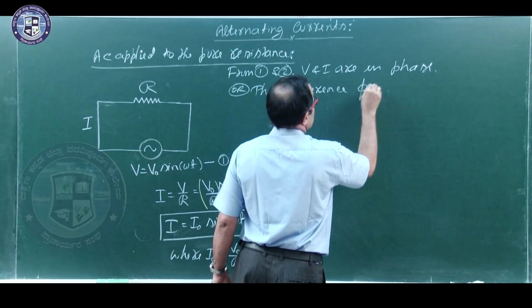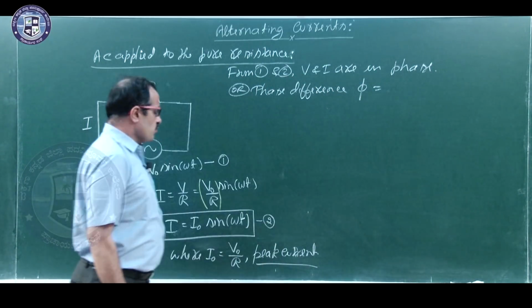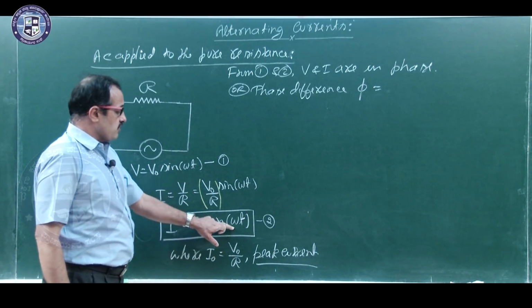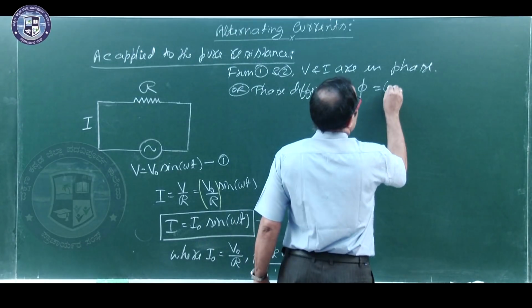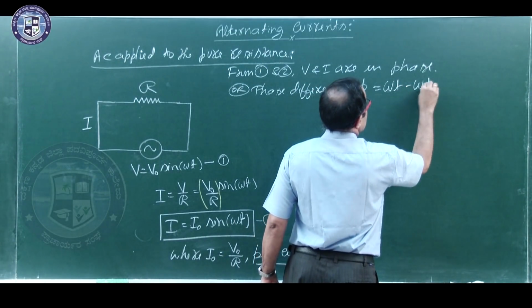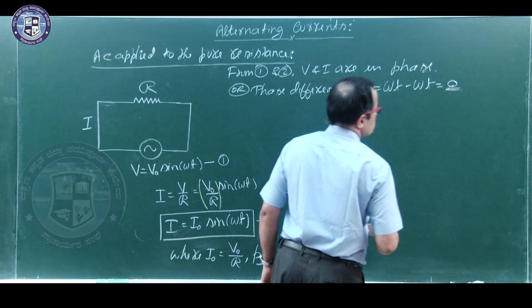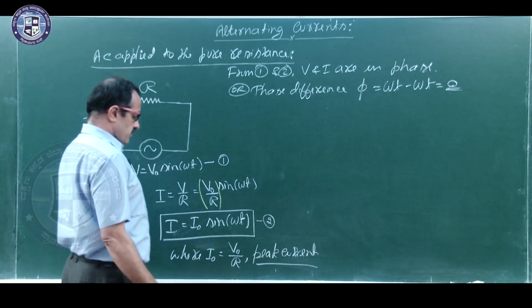Let us say phase difference phi is equal to, what is the phase angle here? Omega t. What is the phase angle here? Omega t. So, omega t minus omega t is equal to 0. So, there is no phase difference.